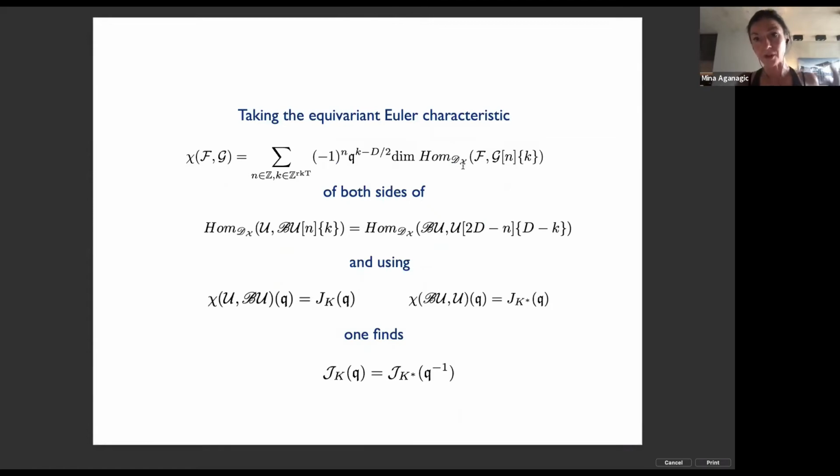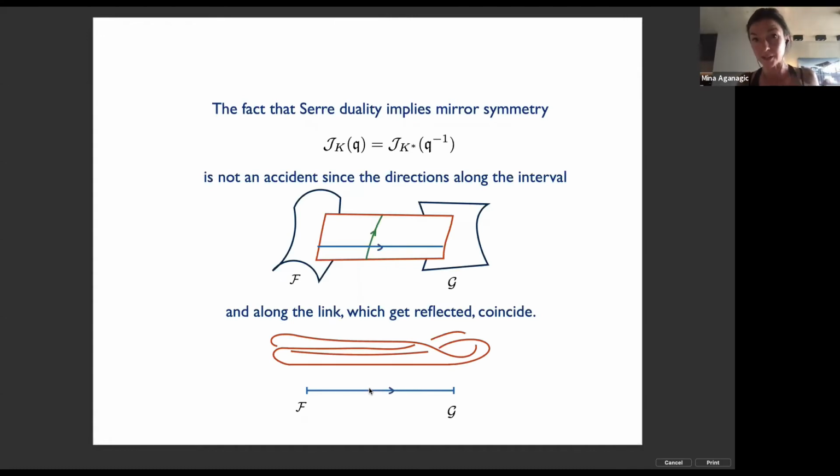Simply taking the equivariant Euler characteristic on both sides, and using the definition, one finds the mirror symmetry relation. The fact that Serre duality implies mirror symmetry is not an accident. In fact, it's built in from the outset, because the direction along the interval and along the link which get reflected coincide.